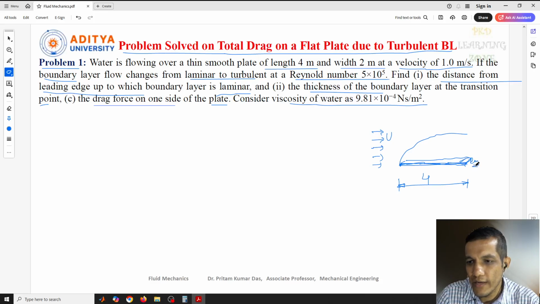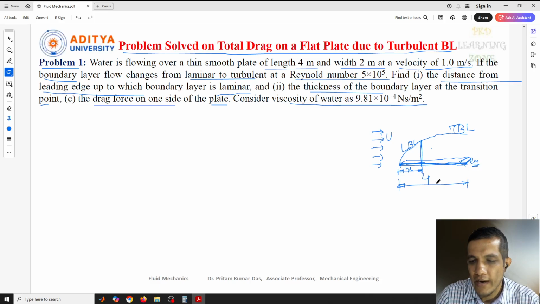Here we can consider the boundary layer up to some length where the laminar boundary layer will be there, and after that the laminar boundary layer converts to turbulent boundary layer. Up to this distance, which we don't know and will calculate, is x.